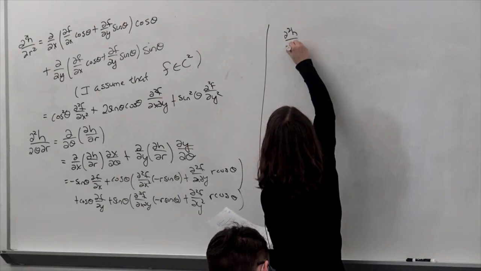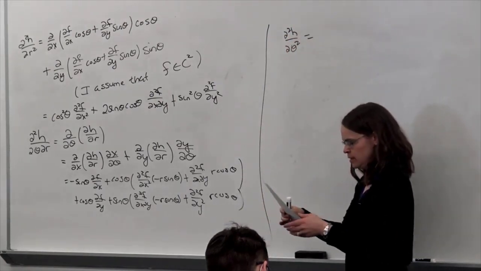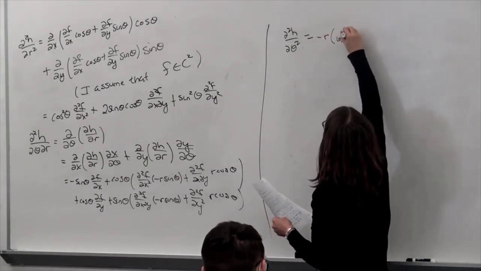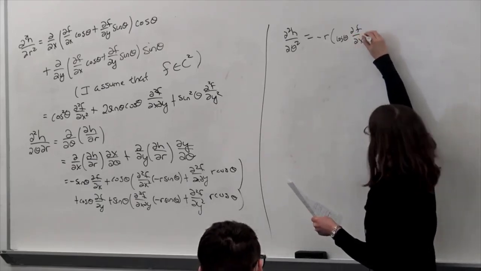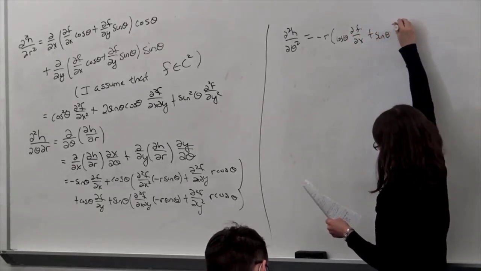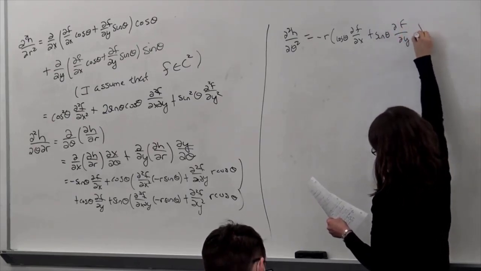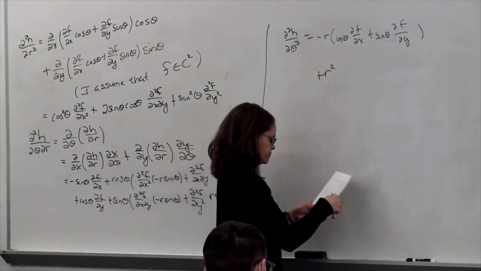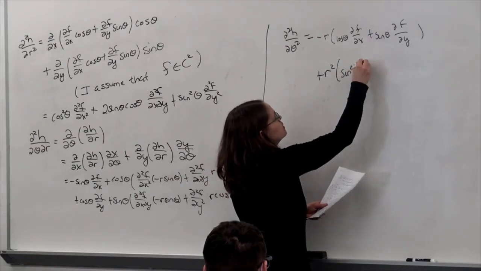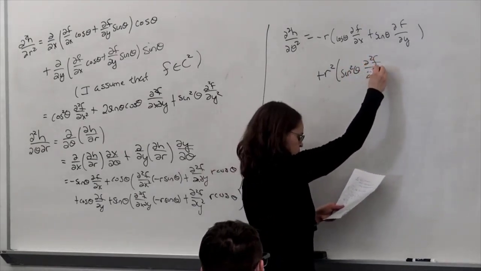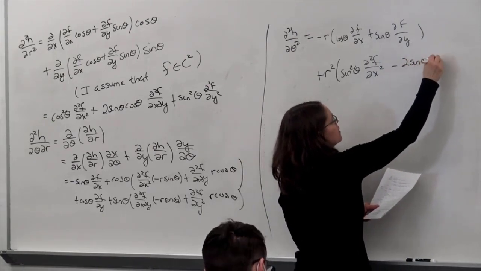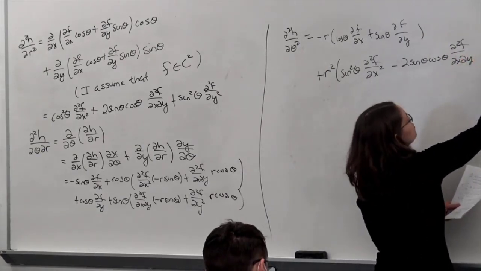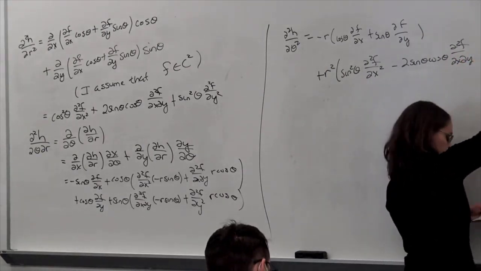So d squared h by d theta squared is going to, at the end of the day, become minus r cosine theta df dx plus sine theta df dy plus r squared sine squared theta d squared f by dx squared minus 2 sine theta cos theta times the mixed derivative plus cosine squared theta times the second partial with respect to y.